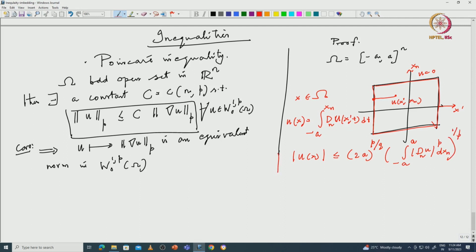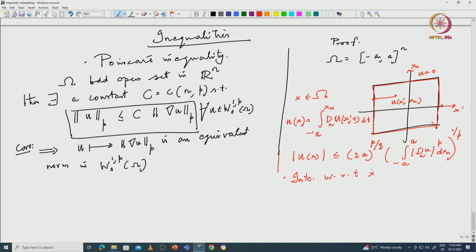Now, again integrate with respect to x prime fully, and the xn integration is already done.